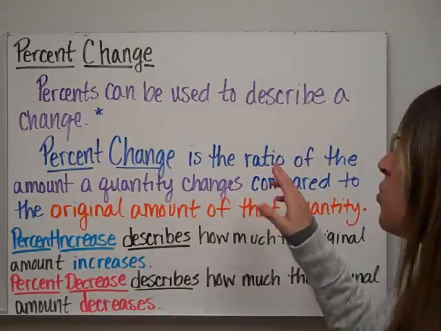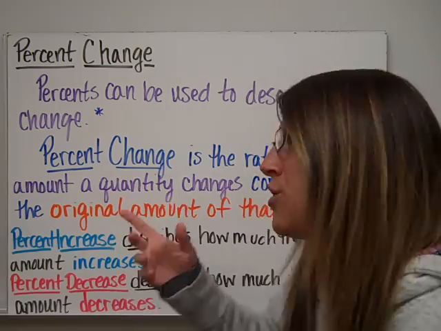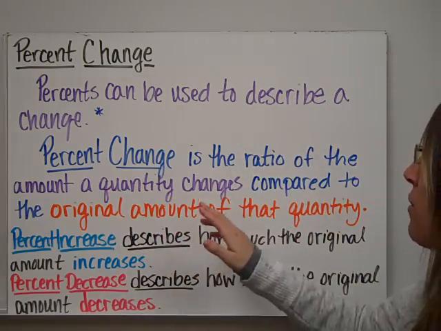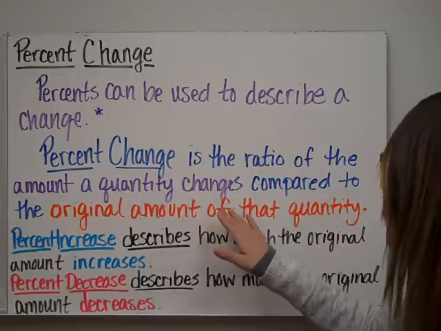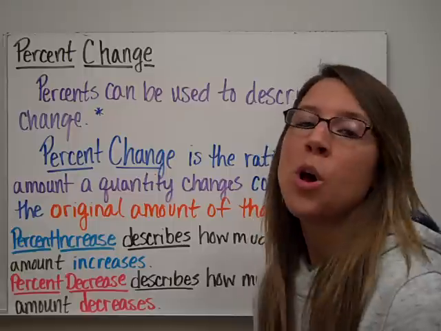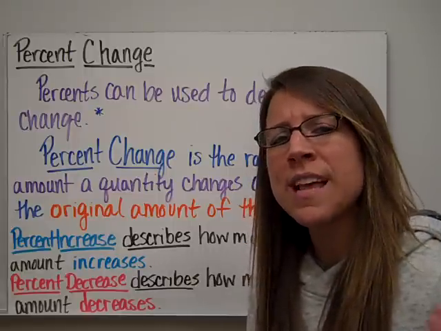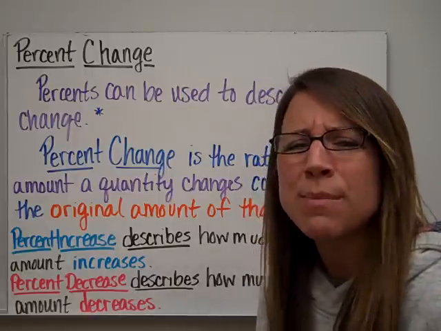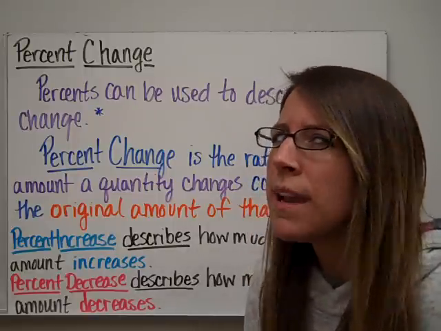So percent change is the ratio, because percent is a ratio as well, of the amount a quantity changes compared to the original amount of that quantity. So we have percent increase and percent decrease, and those things tend to make a lot of sense.